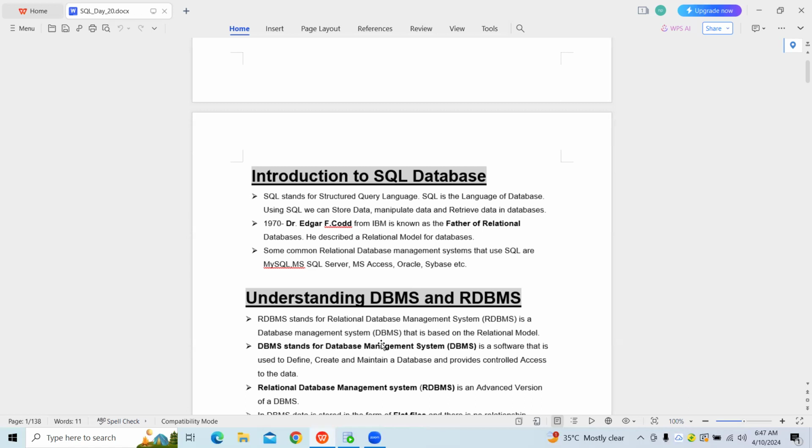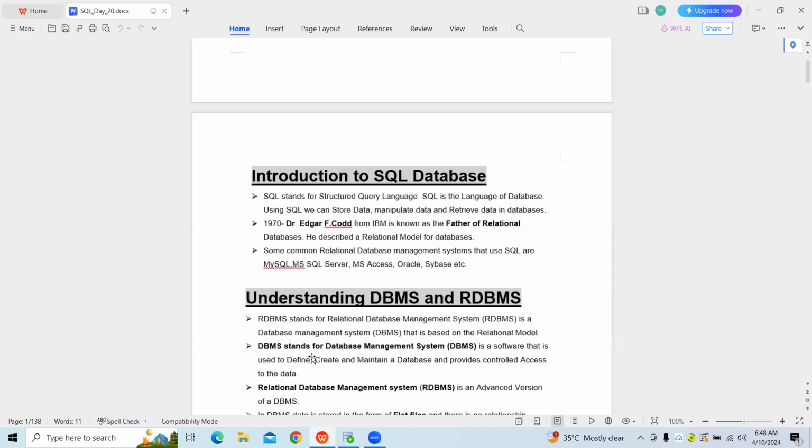If we mention RDBMS, it means we have data in the form of tables, and a normal database means we have data in the form of files. If data is present in the form of files, we call it a DBMS. If data is present in the form of tables, we call it a relational database management system.